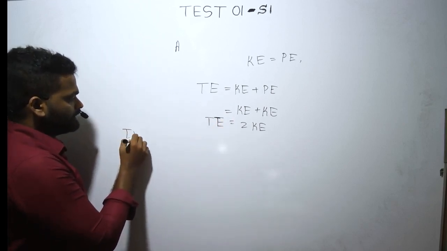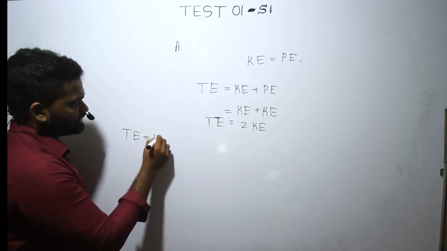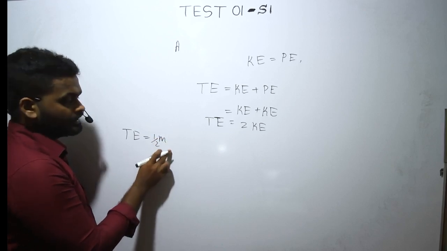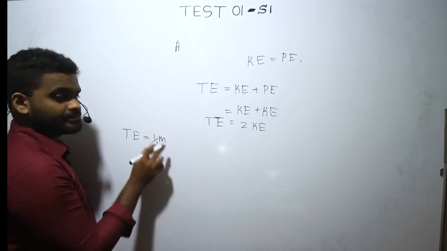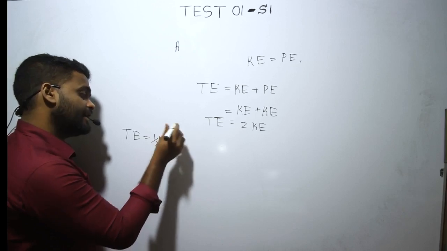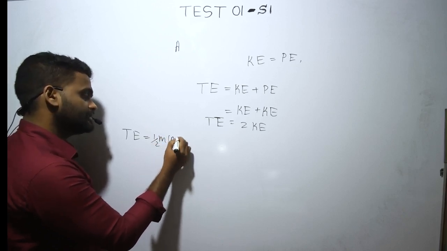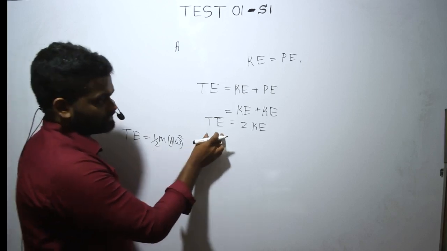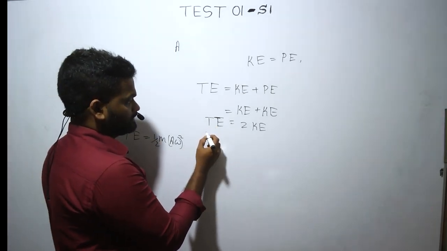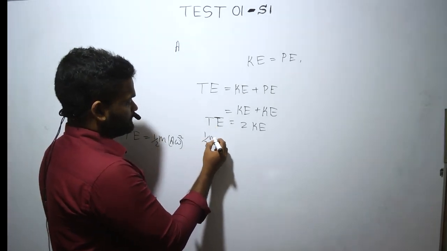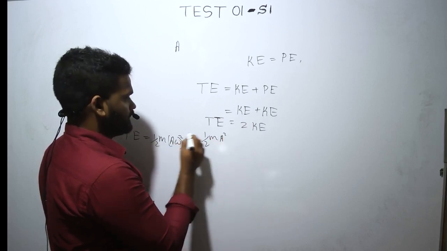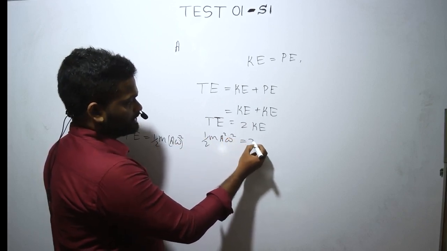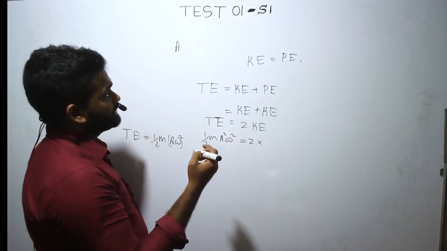Earlier, I derived that total energy is equal to what? Half m v squared. Actually, it is v max squared, right? So v max is A omega. A omega is squared. So instead of total energy, you can use this one. Substitute it. Half m a squared omega squared equals 2 KE.